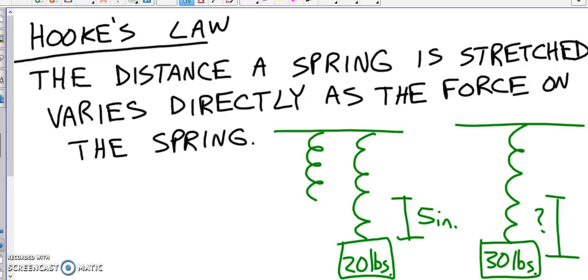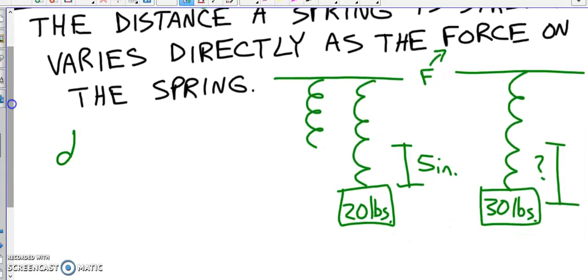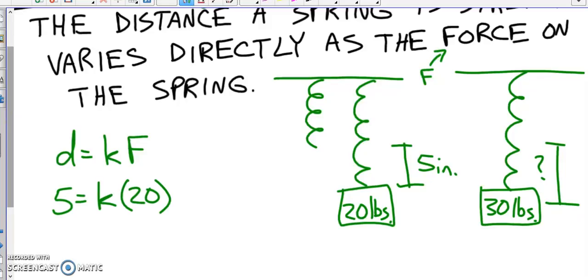Well, the distance, we can call that d, varies directly as the force, we can call that F. So if d varies directly as F, that means that d equals K times F. Five inches is equal to K times the force, and the force in this case is 20 pounds.